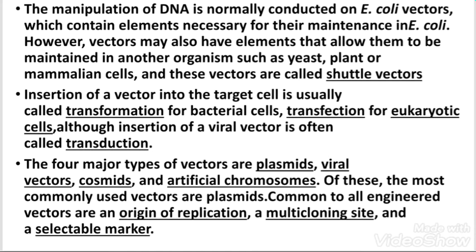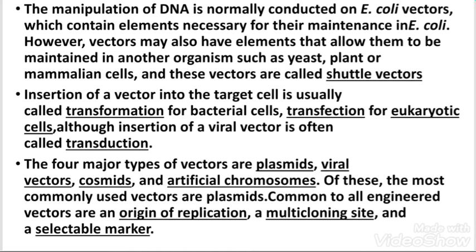Here is one important point: shuttle vectors are vectors with elements that allow them to be maintained in another organism such as yeast, plants, mammals. The insertion of a vector into a target cell is usually called transformation.